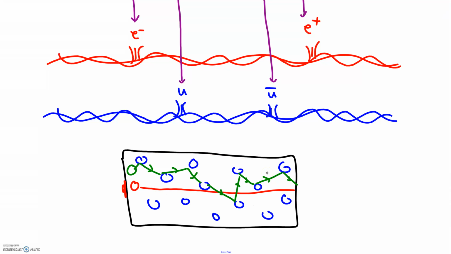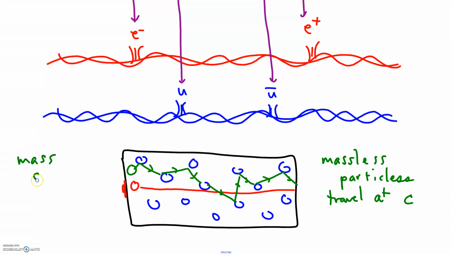It means they have mass. This is a strange property, but only massless particles, those unencumbered by mass, travel at the speed of light. And anything with mass goes slower.